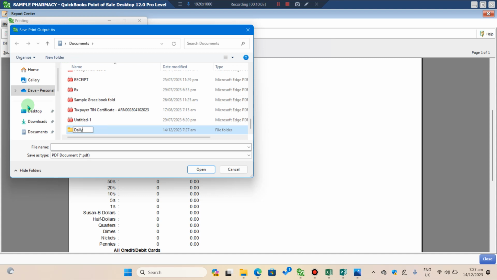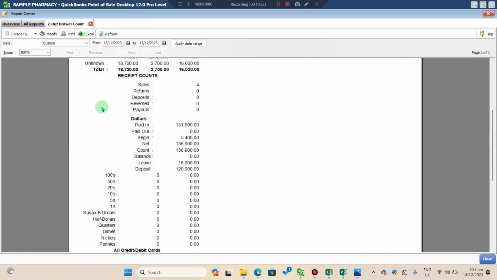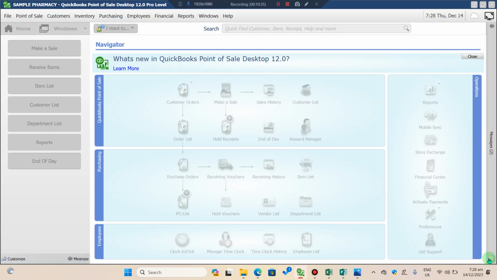So I'll just write daily draw accounts. So I'll have my date here, 14 December 2023. Draw account 14 December 2023. So I'll just maybe keep those dates like that, and the next day and so that day. So like that, and then I'm closing here.